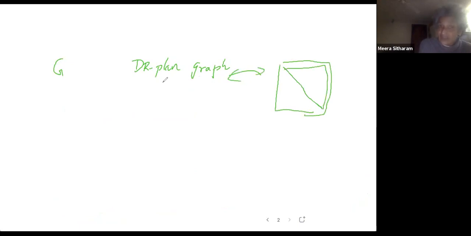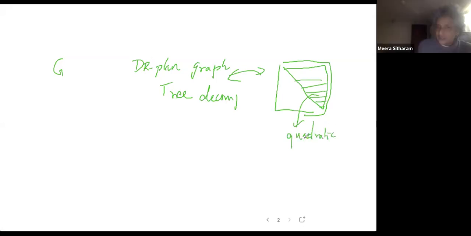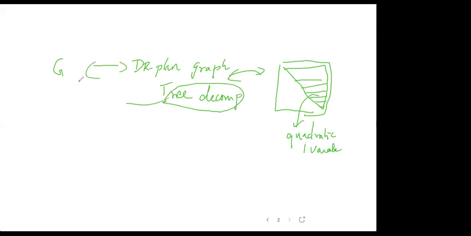In the case of a tree decomposable graph, you get polynomial systems where each one of these is a quadratic in one variable after you have substituted in one variable. And this is the case for tree decomposable graphs.